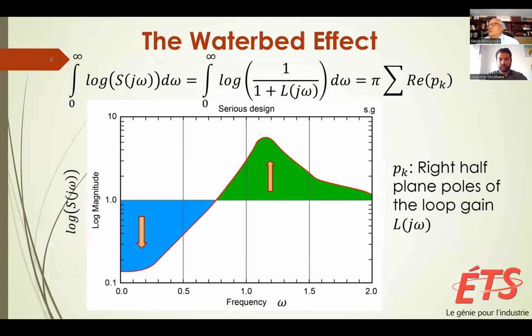If we take the log sensitivity theorem, you can see here that one way of improving sensitivity, this is a sensitivity curve, is to increase the gain C, because 1 over 1 plus PC goes to 0 when C increases. But when we increase C, the sensitivity decreases, but at the same time this green area increases, because this area and this area are basically the same.